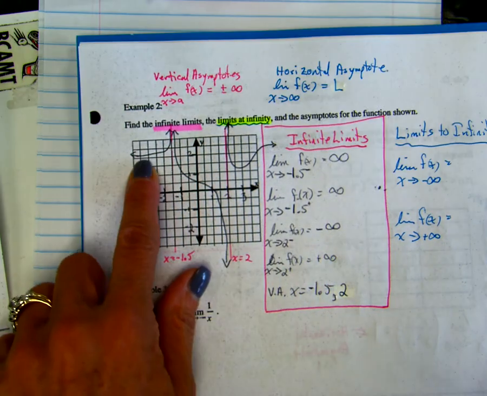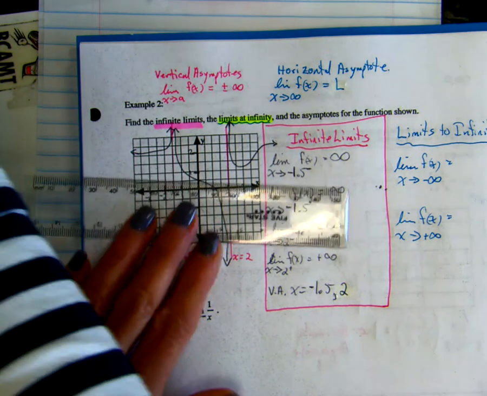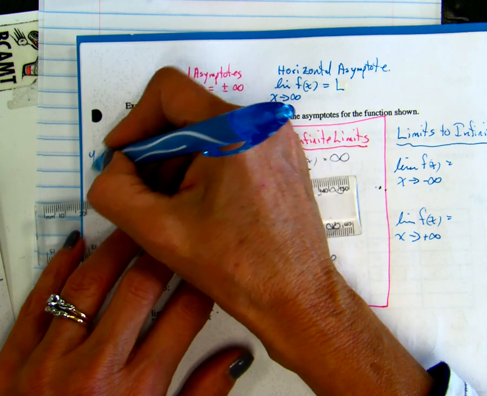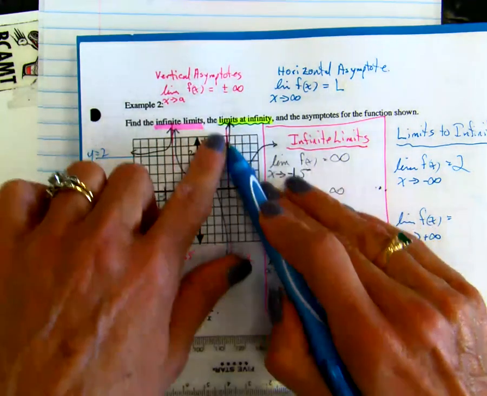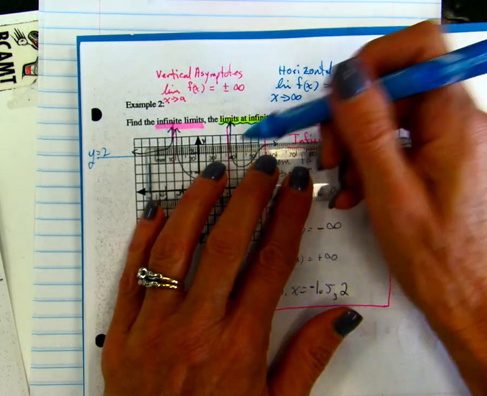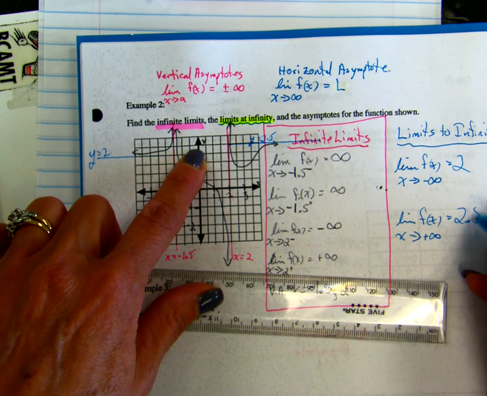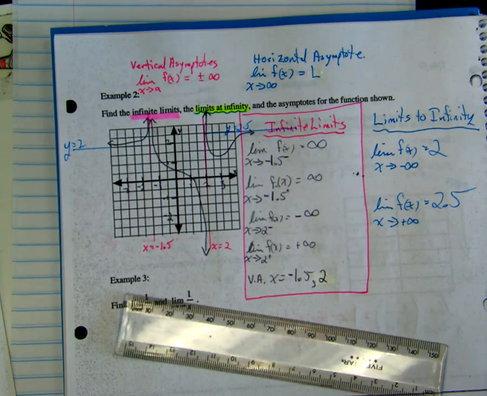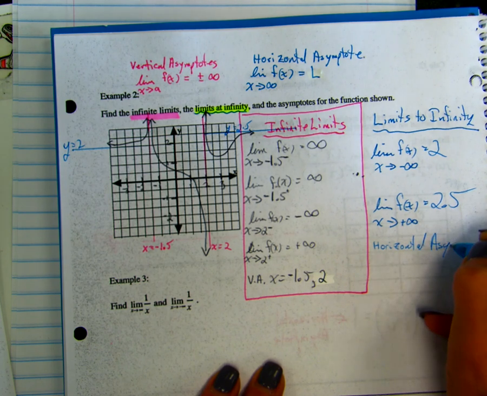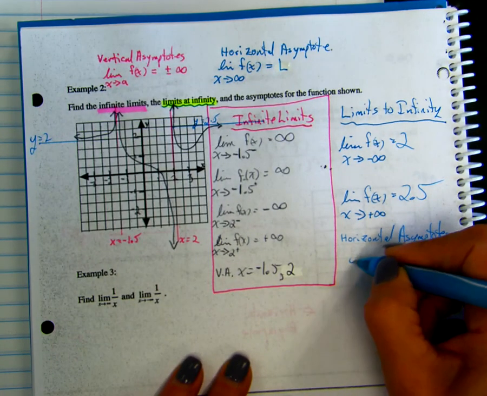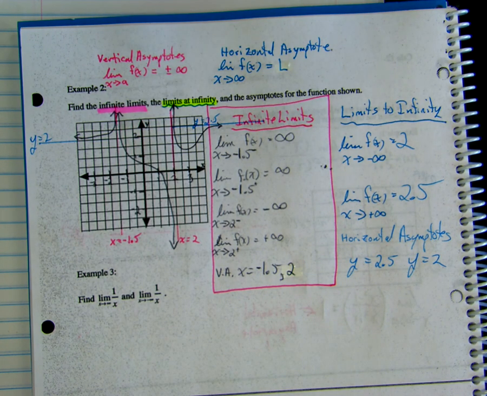Okay, so we're looking at x values going infinitely far, and it looks like the graph is getting closer to this line right here as we go to negative infinity. What's this line? Well, y equals 2.5.